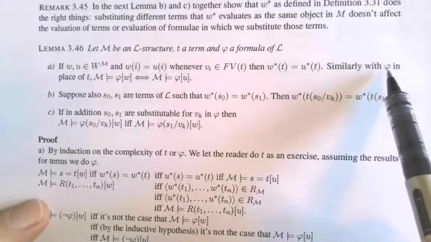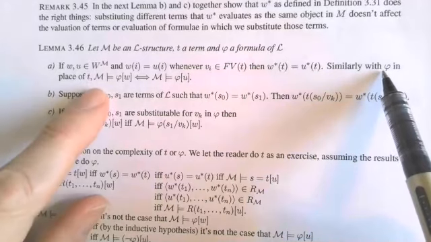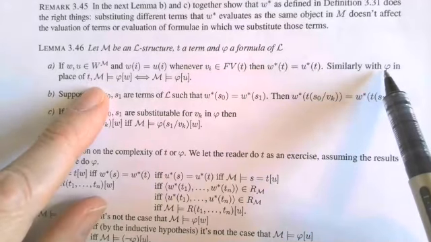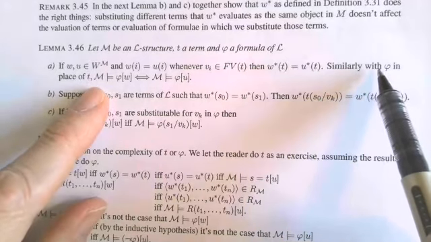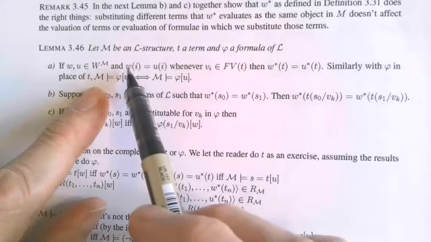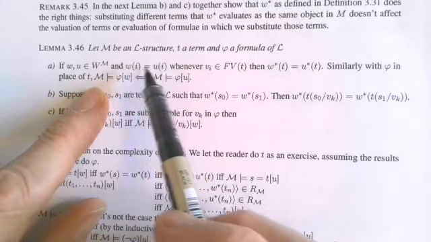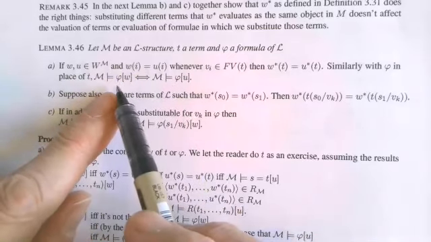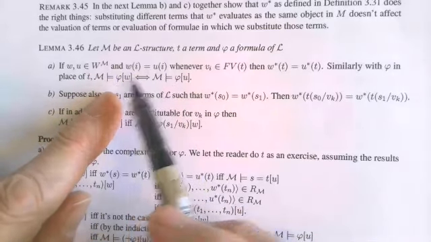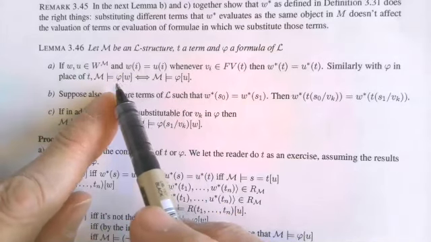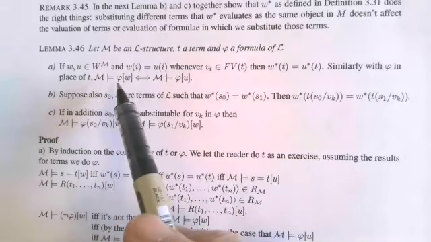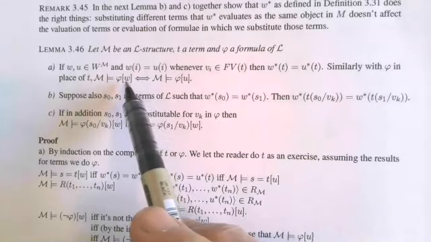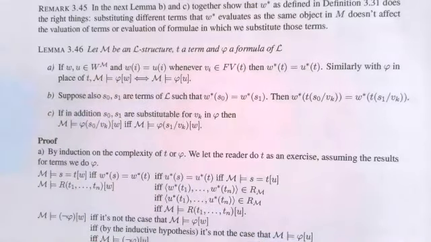And here we saw an example with phi, the equation, and N, the natural numbers. As long as the two assignments assign the same values to the free variables of phi, that's what's important for determining whether phi comes out true in M under that assignment. So if one of them makes it come out true, the other one makes it come out true, and vice versa.